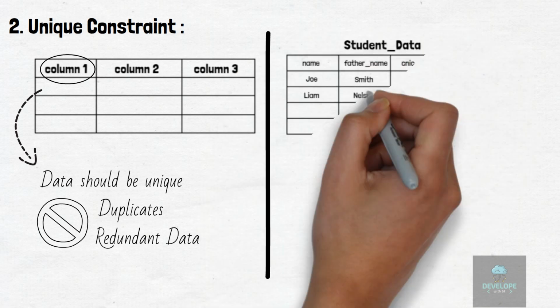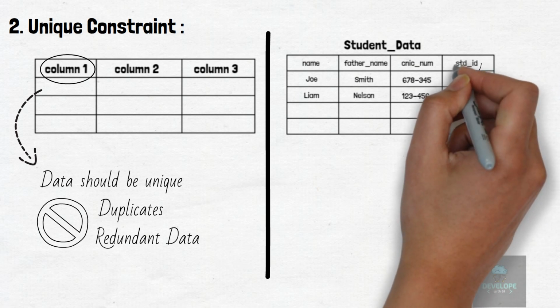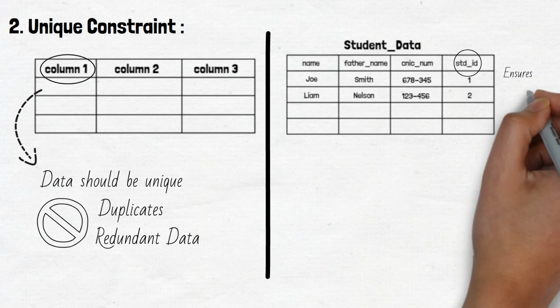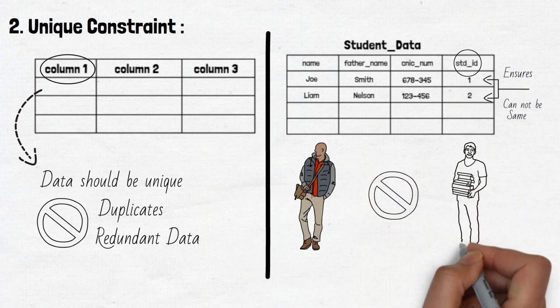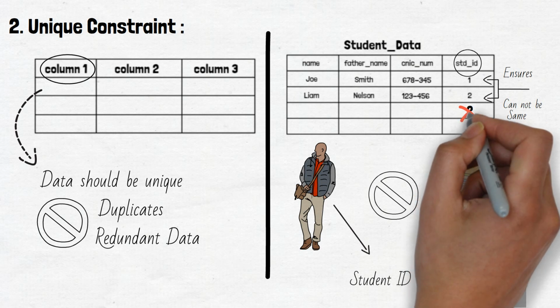If we apply unique constraint on the student ID column of the student_data table, then this constraint shall ensure that two students cannot get the same student ID, i.e. there cannot be two students having student ID equals 2. If anyone tries to allocate student ID equals 2 to any new student, an error shall be generated and the record will not be entered.